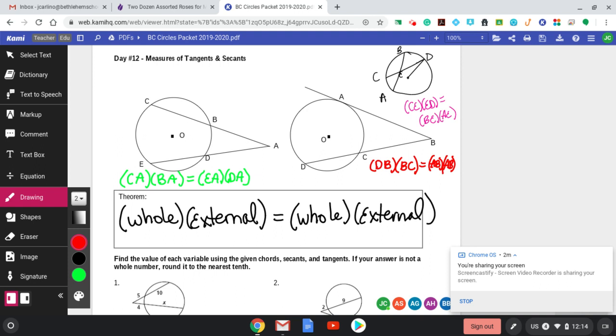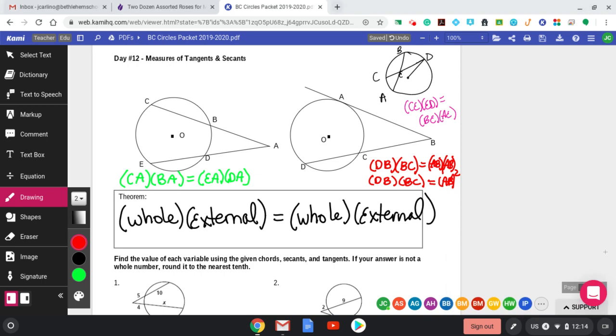So if you wanted to get real fancy, honors level type stuff, you could just say with a tangent, it's equal to AB squared, because the whole and the external part are both the same segment. Okay, so whole times external equals whole times external. That's what I'm going to be using to find the lengths of tangents and secants.